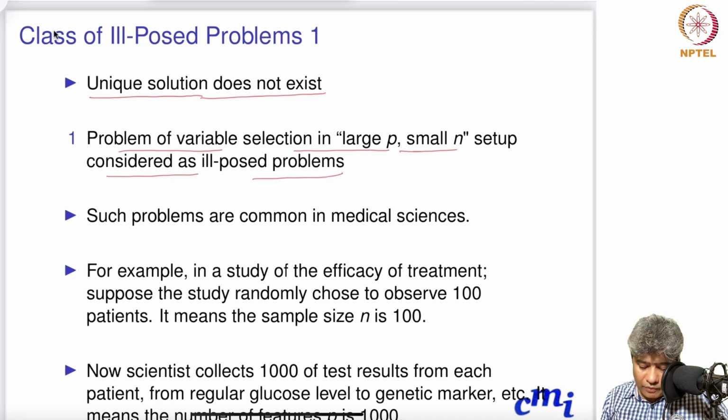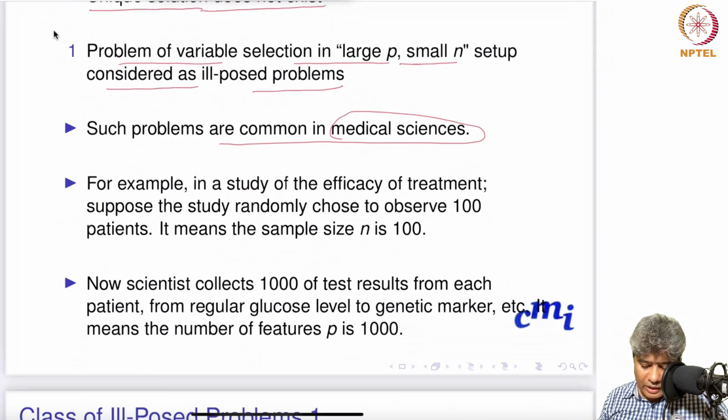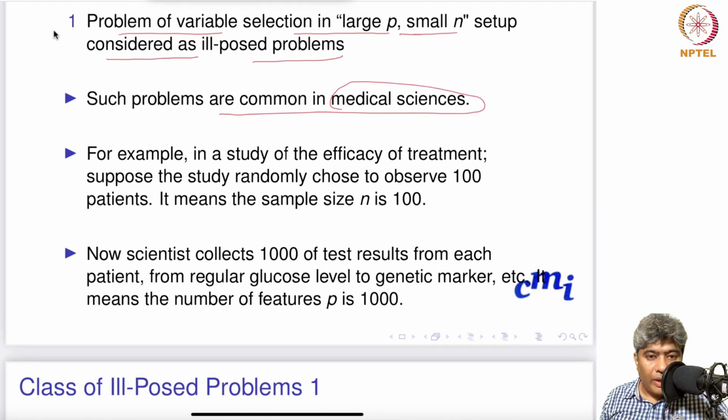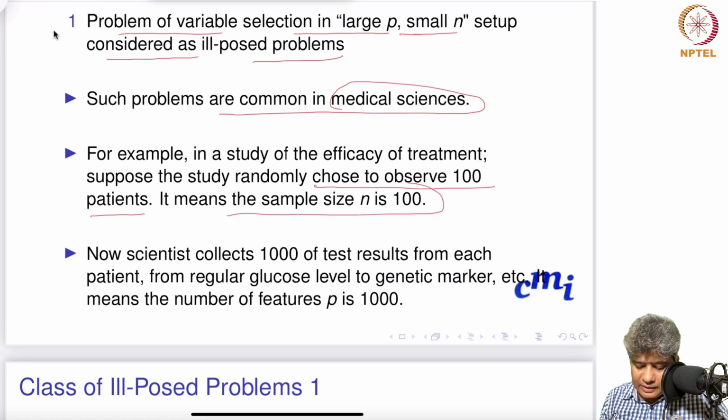Such problems are very common in medical sciences. For example, in a study of the efficacy of a treatment, suppose the study randomly chooses to observe 100 patients. It means the sample is of size n equal to 100.